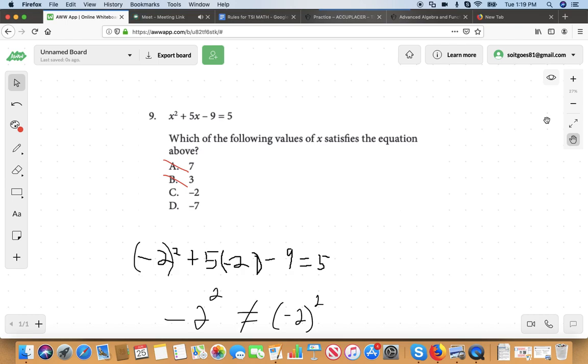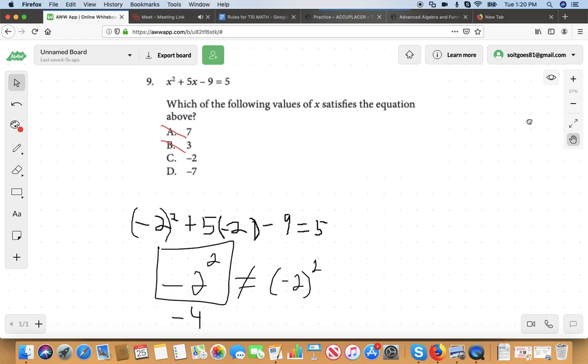These are not equal. Did you know that, Jackson? This means 2 squared is 4, so that's going to be negative 4. And that would be positive 4, and then the right hand side is positive 4.